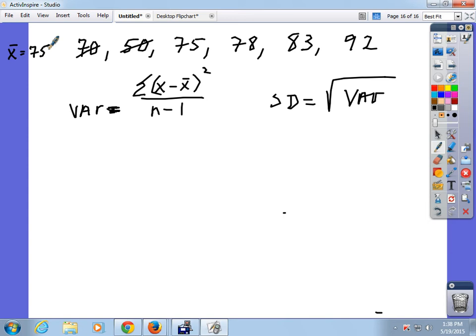Alright, so what does this say? X minus x bar. So what am I going to do to each one of these numbers to get this x minus x bar? I'm going to take the mean away from each one of them. So the first one is going to be 50 minus 75.